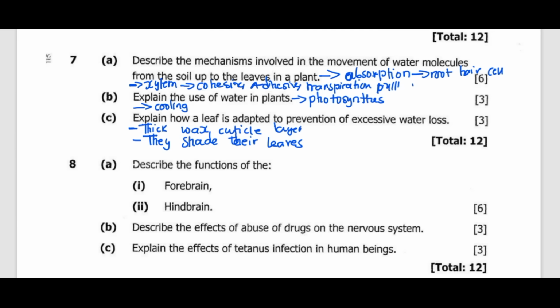The loss of water occurs mostly in leaves. So if most of the leaves are being shed, the process of transpiration reduces. If transpiration reduces, then we have at least prevented the excessive water loss.